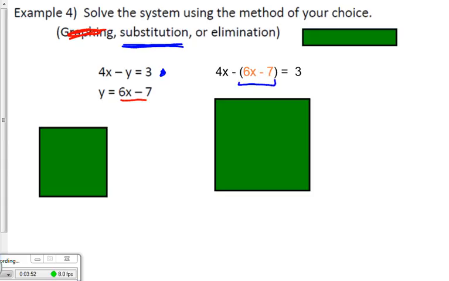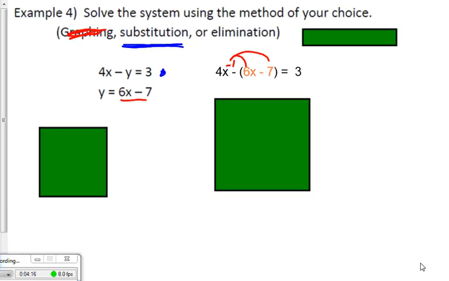So 4x minus (6x minus 7) equals 3. Remember, this minus out front is like taking negative 1 times each of these pieces, because it's like distributing. So you have to make sure you keep everything together.